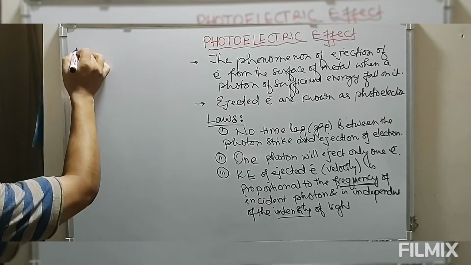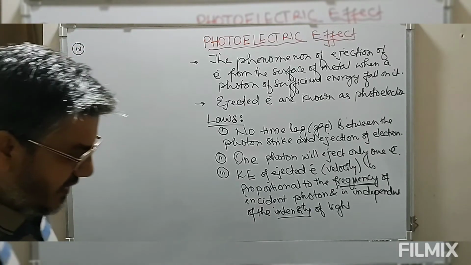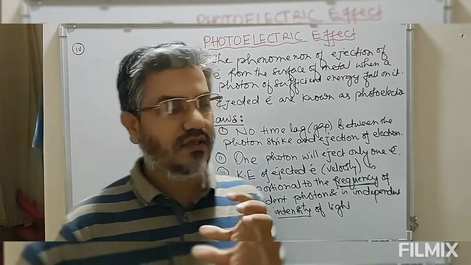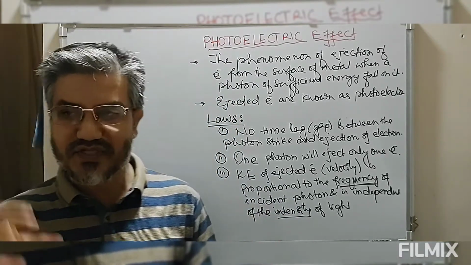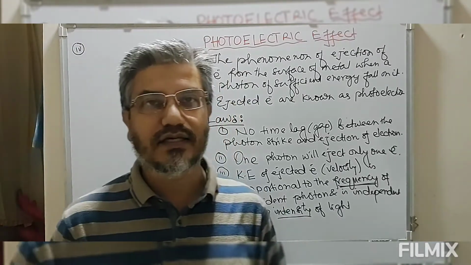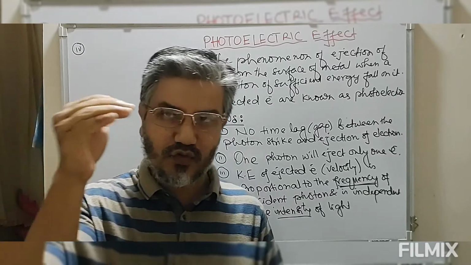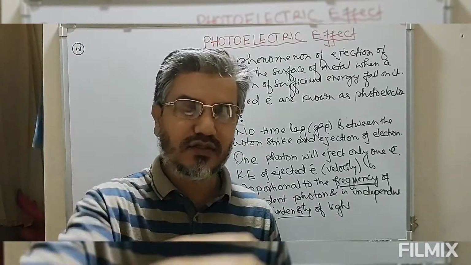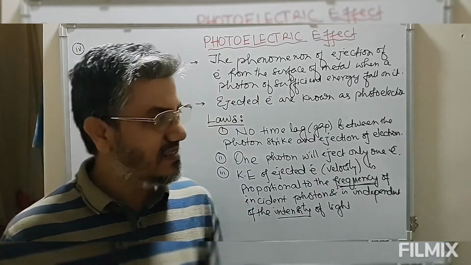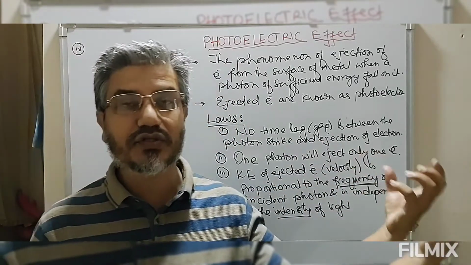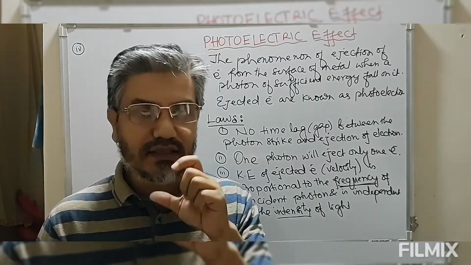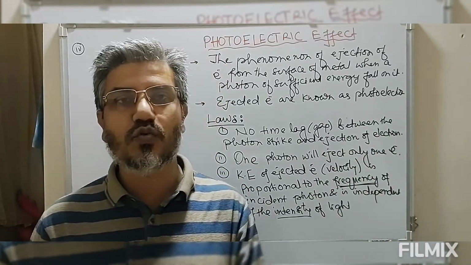Then number 4, now we are saying if a photon is striking the surface of a metal, some of this energy is used to break the binding energy. So if the frequency or the wavelength of the photon is such that its energy is less than the energy required to break the attractive force between the electron and the nucleus, then the ejection of electrons won't be possible.